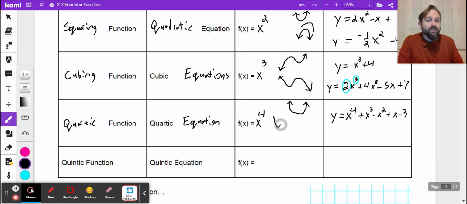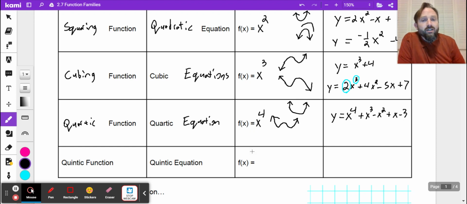So it's going to turn around once, twice, and then 3 times. If the degree is even, it's going to point up. So x to the 100th power, point up. x squared, point up, on both sides. As x decreases, y is going to increase. As x increases, y is going to increase.